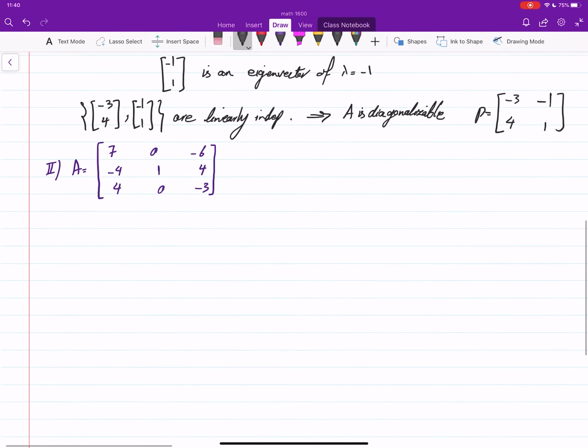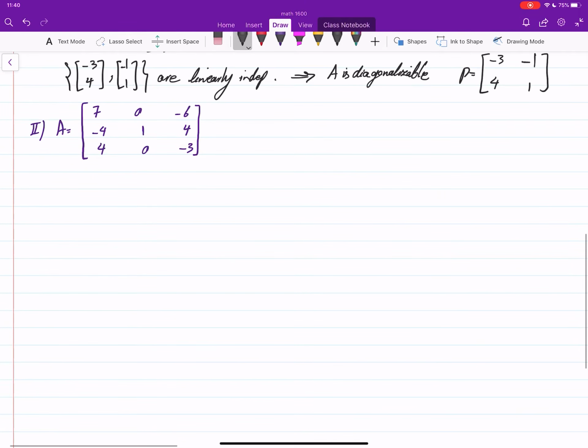For the second part, there are a lot of computations here, so I will just quickly write down some of the work. For this one, the eigenvalues are lambda equal to 1 and 3. For lambda equal to 1, you need to solve A minus lambda I, here lambda is 1. From this, you will get two parameters.